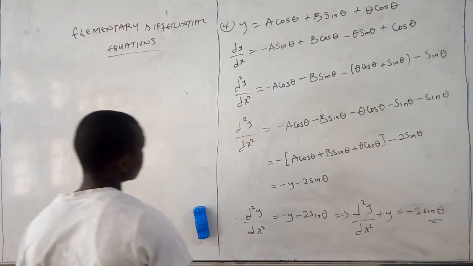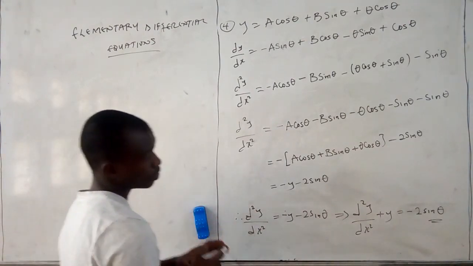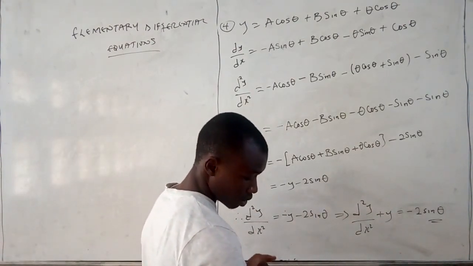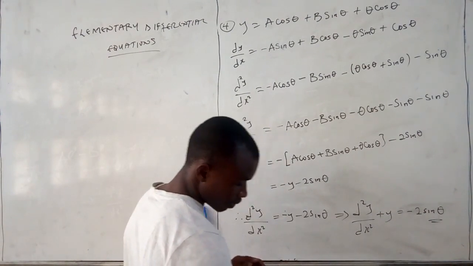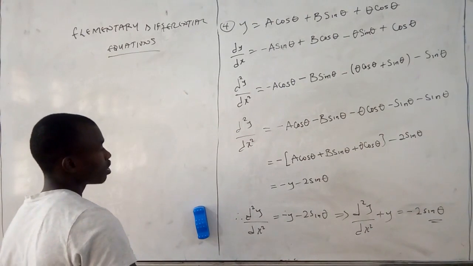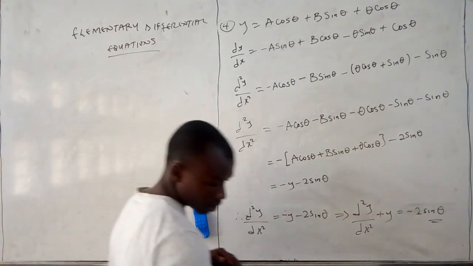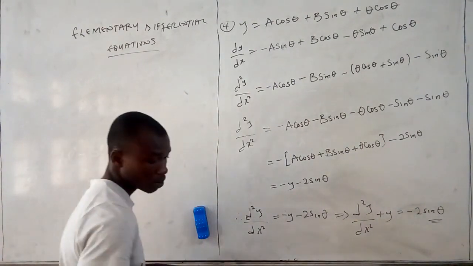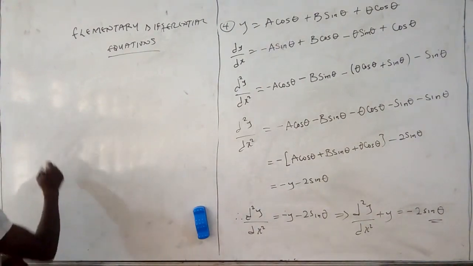Now, their method of solving this is just the general method of solving the ordinary differential equation. There are also other methods of solving differential equation. We have method of variable separable.